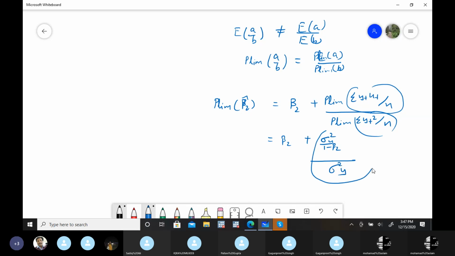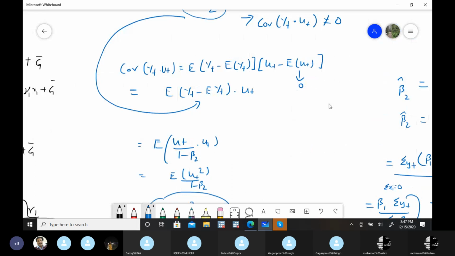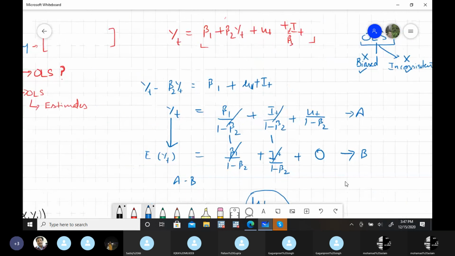Now from this particular part, you can cross verify that even if we increase the sample size, this biasness will not be removed. So results are not only biased, but they are inconsistent. This is the problem if we apply simple OLS method to this simultaneous equation model.